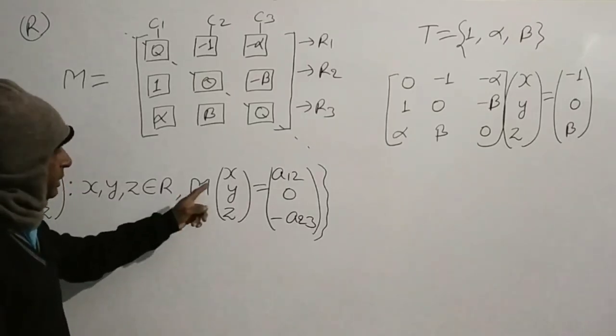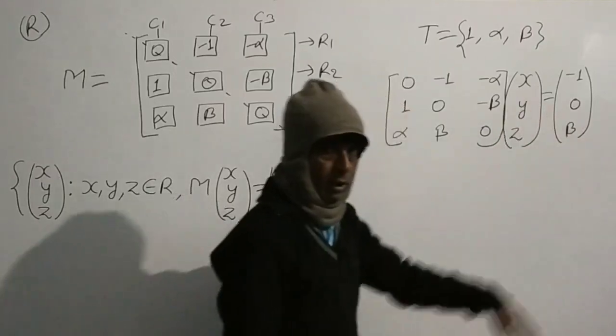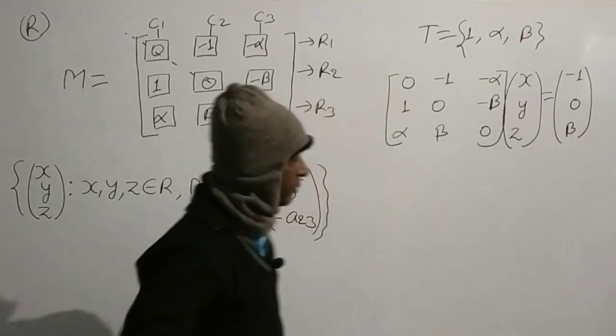Now M times this matrix equal to this matrix will be written like this.